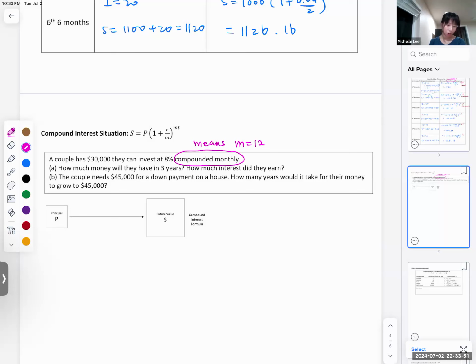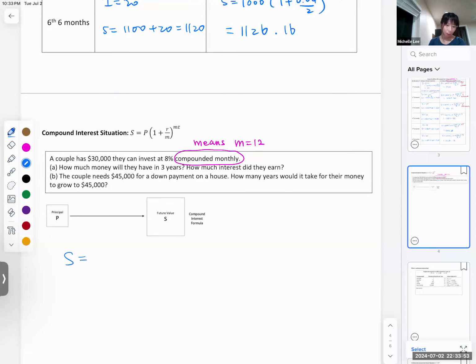Okay, let's do it. S equals P, the principal, $30,000, times 1 plus 0.08, because 8% is 0.08, over M equals 12.